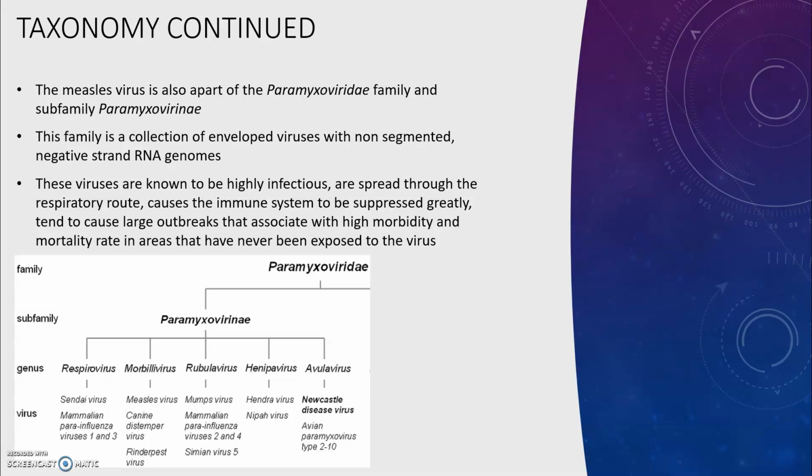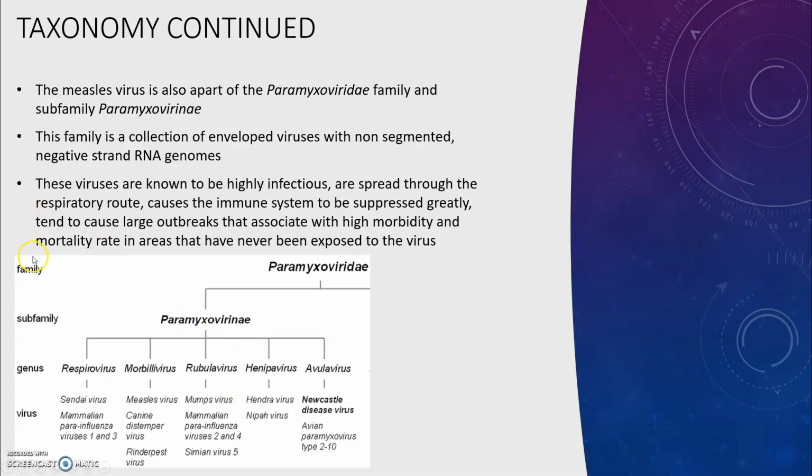These viruses are usually known to be highly infectious. They spread through the respiratory route, cause the immune system to be suppressed for a great deal, and tend to cause large outbreaks associated with high morbidity and mortality rates in areas that have never been exposed to the virus.